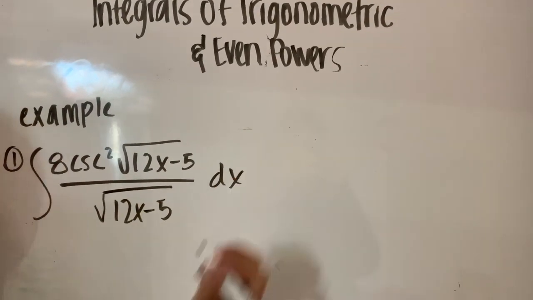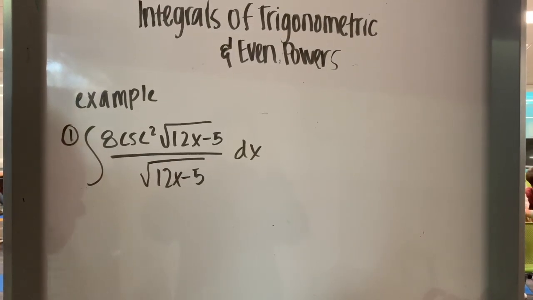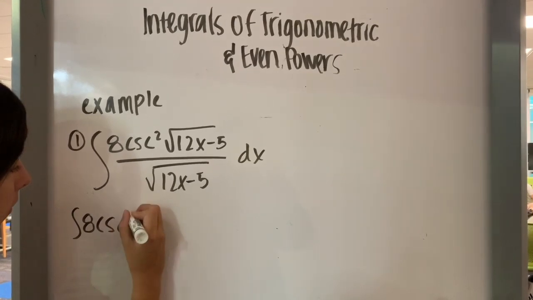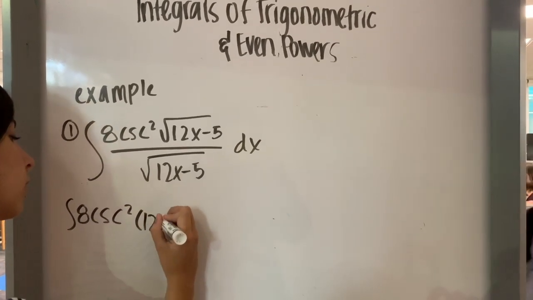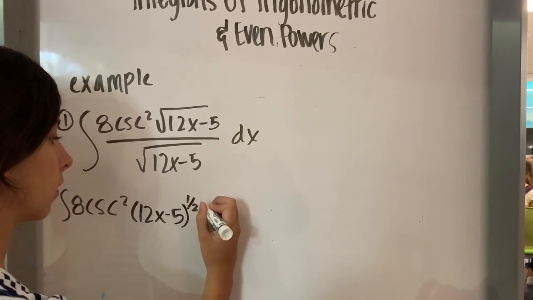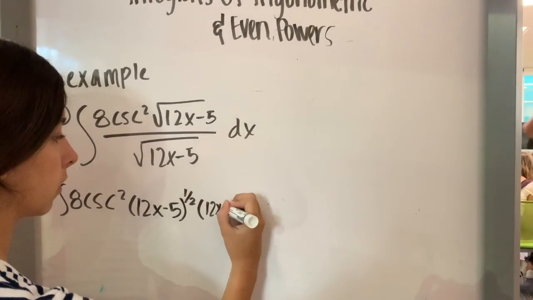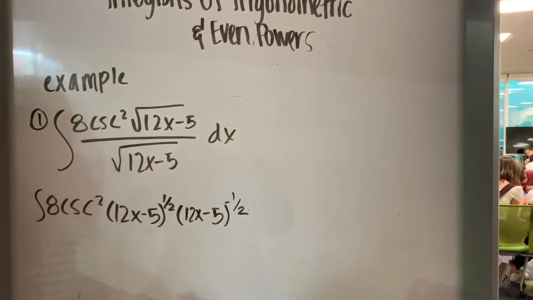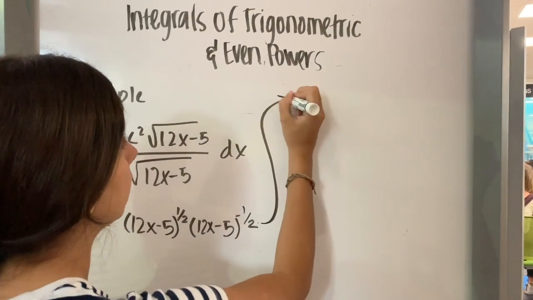The first thing we're gonna do is change the square root to a power. Since it is a square root with no power, it will just change to a power of 1/2, and the denominator, when you put it in the numerator, will change to negative, so it's negative 1/2. And now we're gonna take the u.